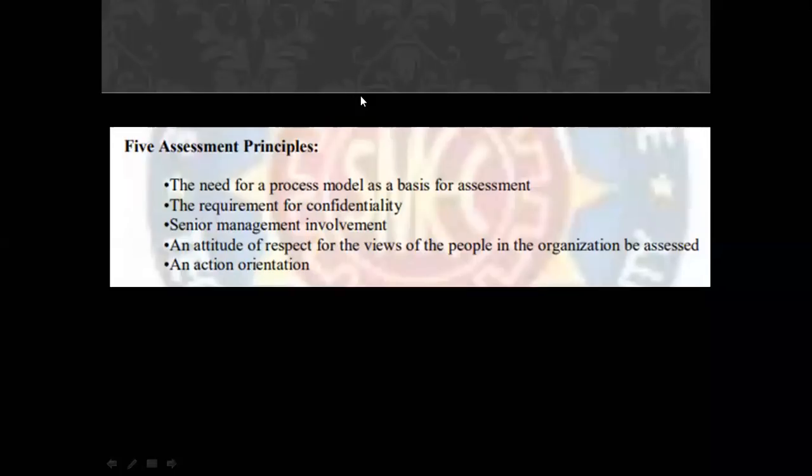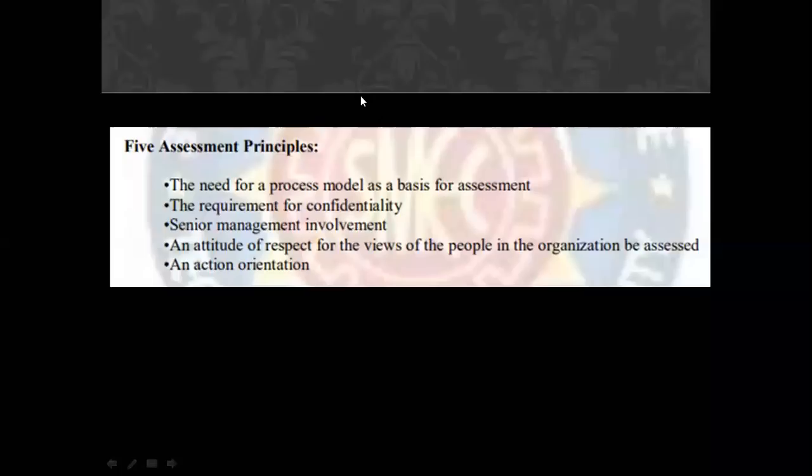Fourth one, attitude of respect for the views of people in the organization must be assessed. Very important point, because the individual's attitude defines how willing they are to work in a team or in an organization. If you are always a person who just complains about things, this is not correct, that is not correct, things are never in order. Even in our real life things are not in order, but we have to make them into order.